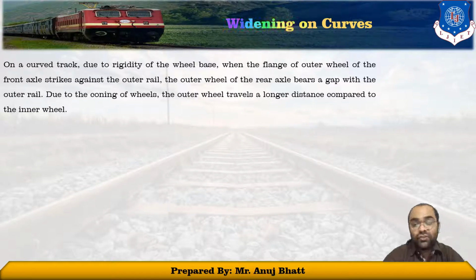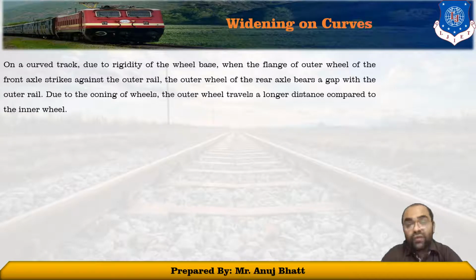In an effort to make up the difference in the distance traveled by the outer wheel and the inner wheel, the inside wheel slips backward and the outer wheel skids in the forward direction.